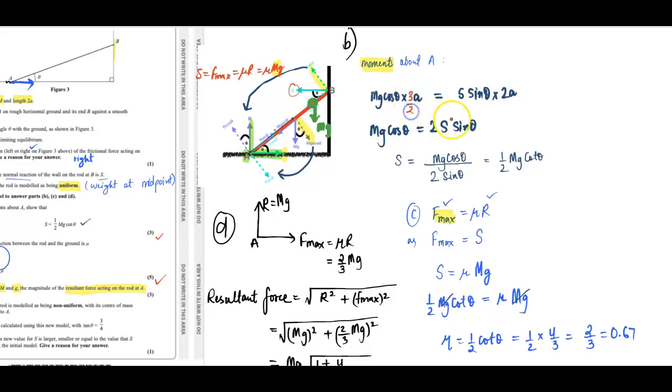So 3 halves of A. If I add 3 halves of A, what value of S will I get? Instead of A, you will be getting 3 halves, so that would go 3/4 of mg cot theta. Initially it was coming half mg cot theta, now it is coming 3/4. Does that make sense?